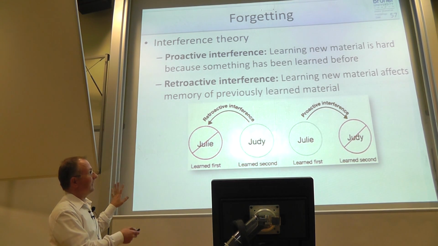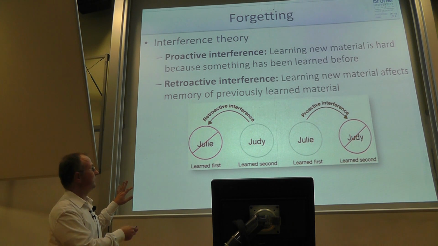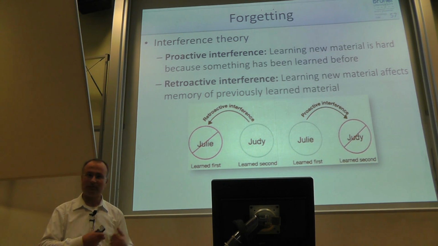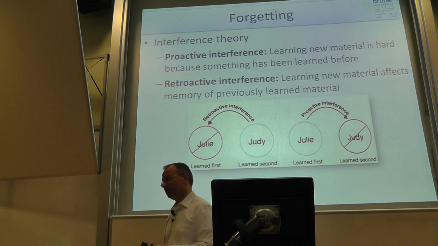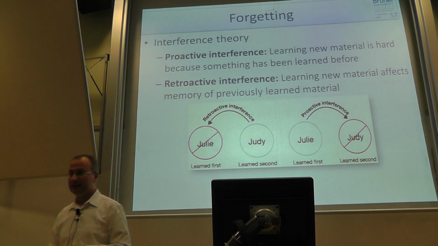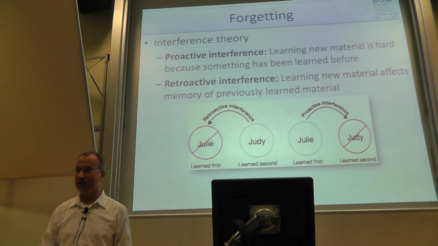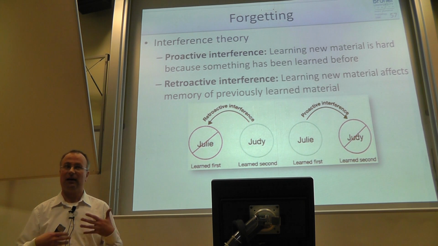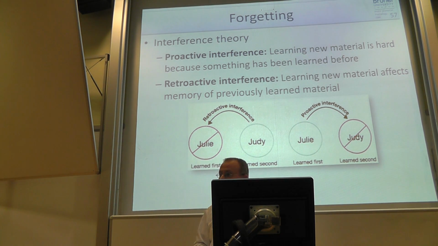So the fact that I now have to learn this name makes it more difficult for me to retrieve that name from my memory. So we have these two different things, proactive and retroactive interference, and the idea is there's no decay. There are these types of interference which make it just impossible for us to learn certain things.